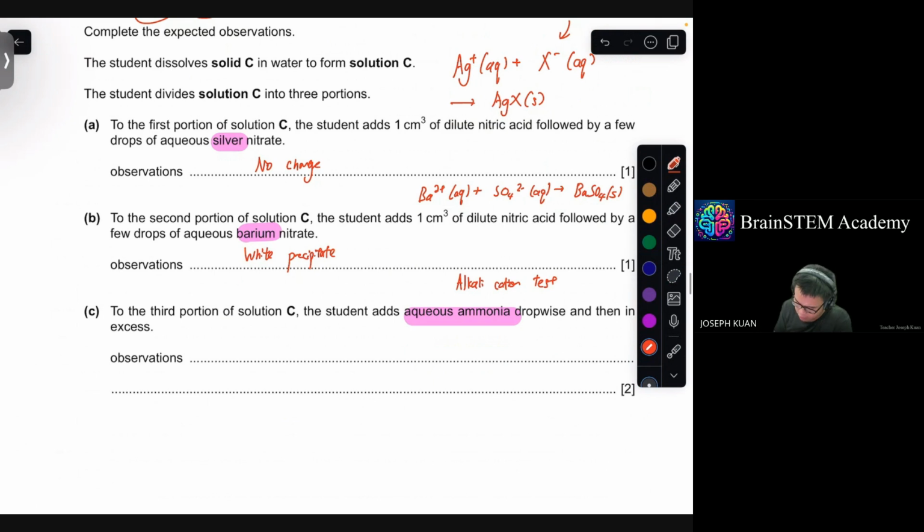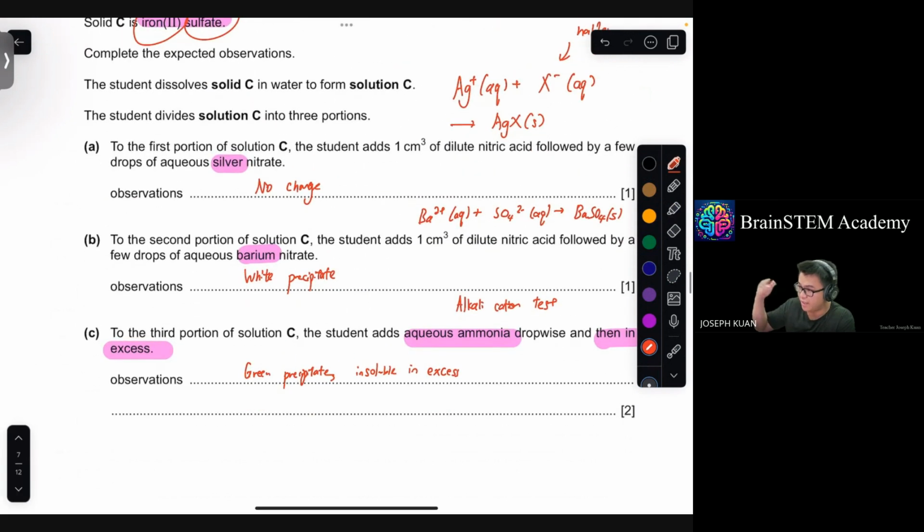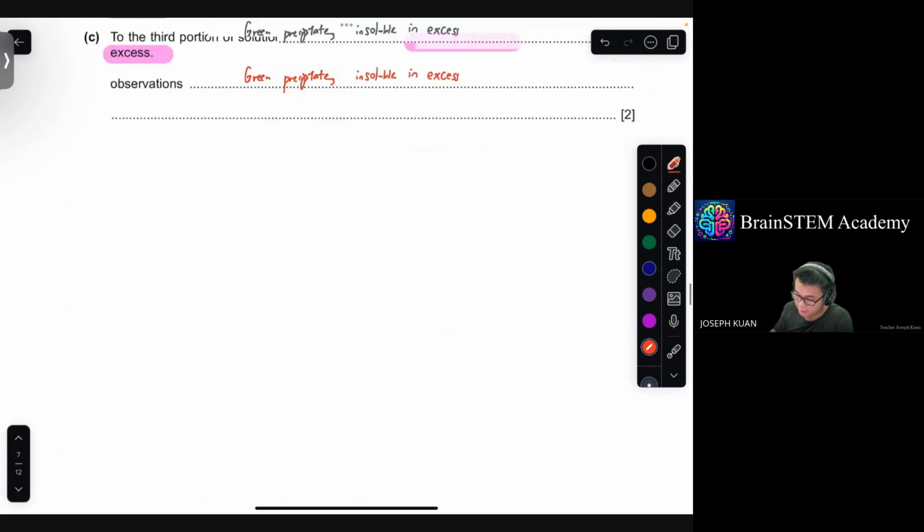So it should form a green precipitate. Then we have to mention the second part, which is in excess. Does it dissolve or not? So it is insoluble in excess. You can check the cation test table essentially to check your answers.